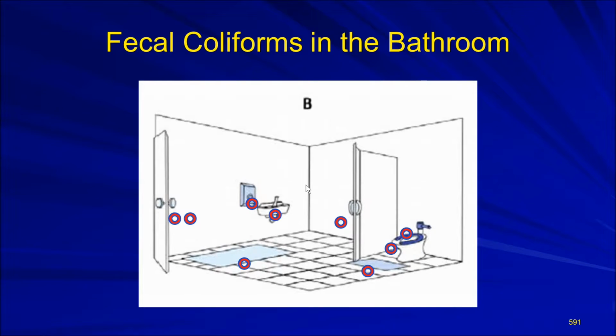What is concerning is that several of these items were what I would call post-hand washing items, meaning that even after you wash your hands, you still touch surfaces that are contaminated by other people's fecal matter. So if you look at the sink here, the faucet, the soap dispenser, the door leading out, and even the door leading in to the bathroom, all are contaminated with fecal matter.